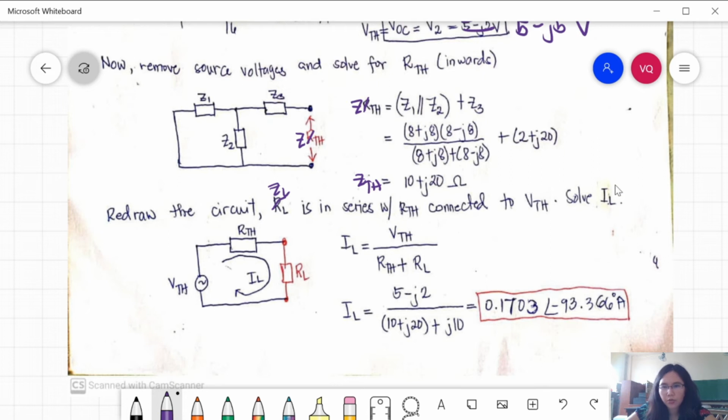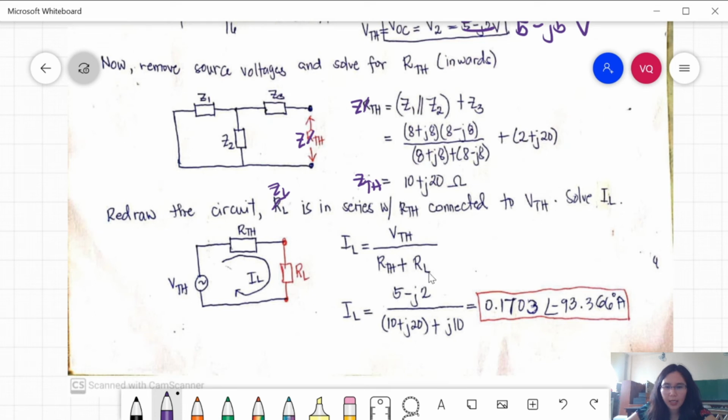Now you are ready to solve the current flowing in ZL, which is your IL. The VTH, this is your ZTH, and it is in series with ZL. IL will simply be Ohm's law: IL is equal to VTH divided by ZTH plus ZL.